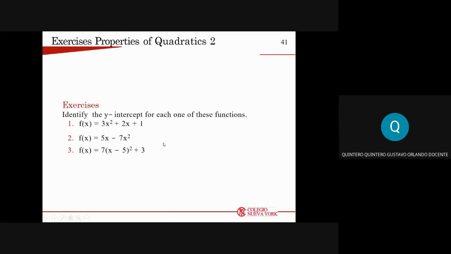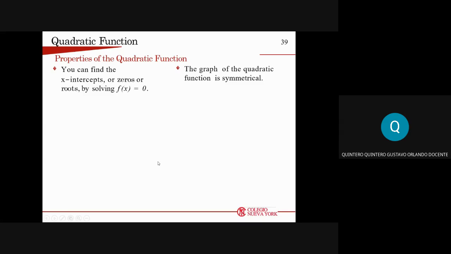Appreciate it. All right. So, again, properties of quadratic functions. We have talked about 2 properties, right? One, how it opens, either opens up or down. And the second one, the y-intercept, how to find the y-intercept. But now we're going to talk about how to find the x-intercepts, which are also called the zeros, which are also called the roots.